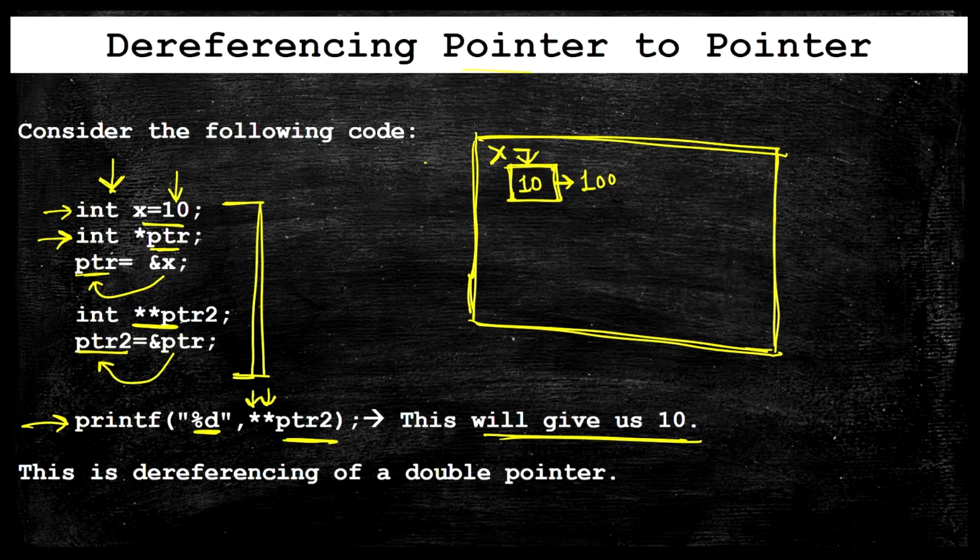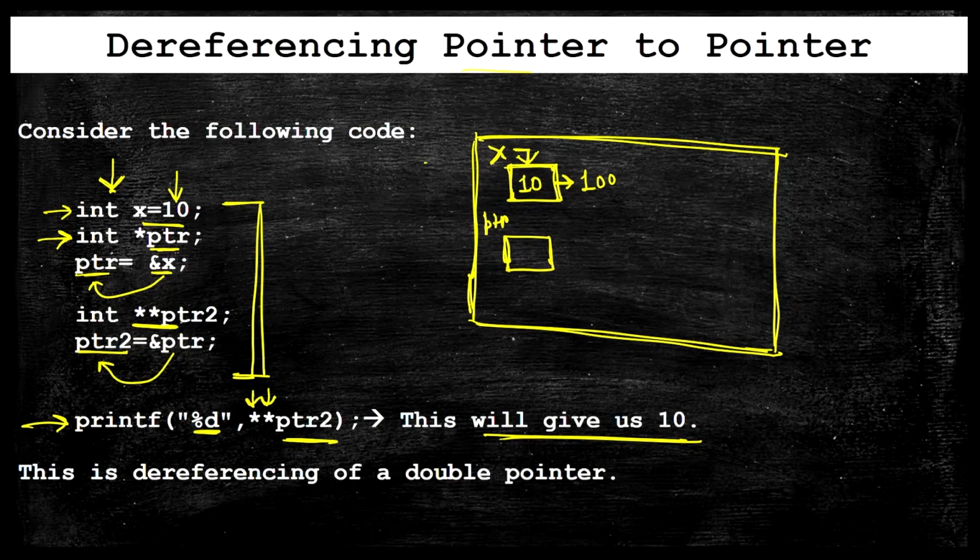Very good. Now what we have is int star ptr. ptr is of int type, so it will take another block. This is ptr. What is this? This is a pointer. It is supposed to store an address. Whose address is it storing? That is x.